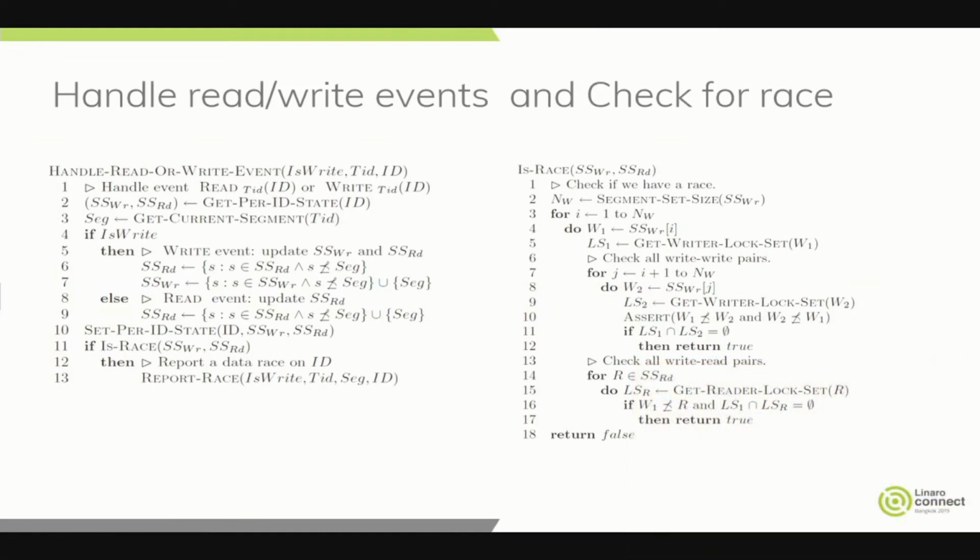Okay. This is the TSan algorithm. It seems complicated. I'm not going to explain this algorithm line by line, I just describe it briefly. When a memory access event happens, TSan will scan all the memory access events that happened to the same memory before, to see if there is any memory access event that has no happens-before relationship with the current one.